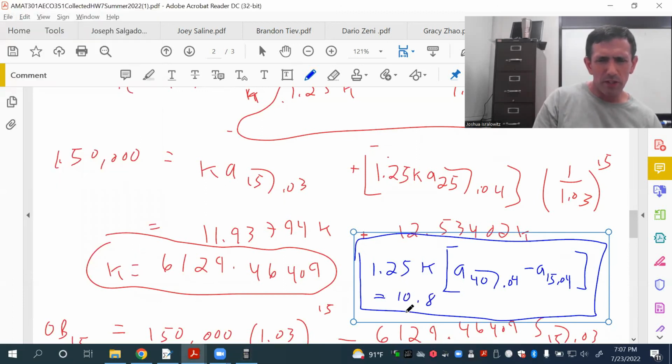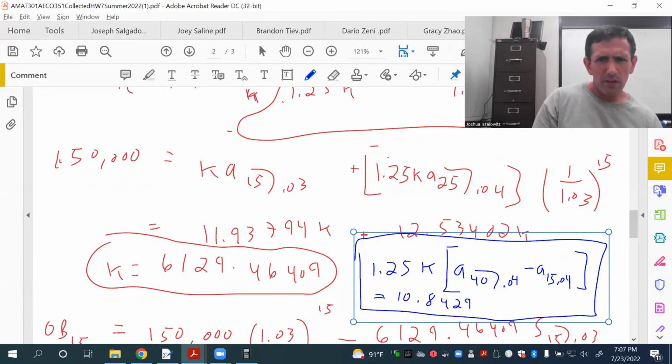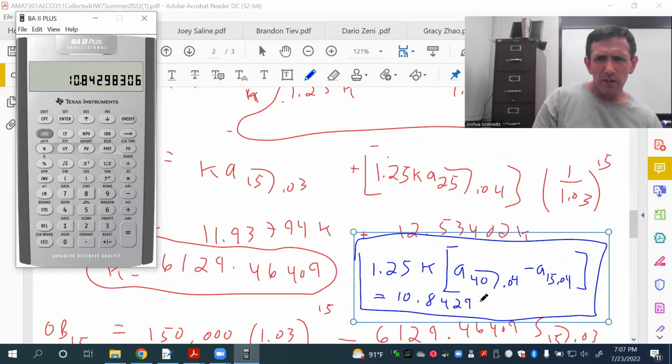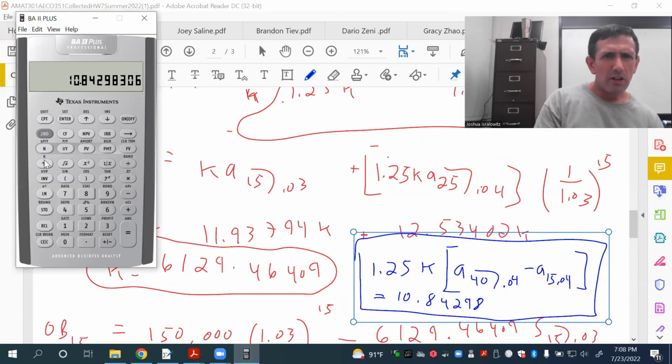Okay. Now, if this was a 4, let me just write this down. If I did have 4% interest throughout this whole loan, then let's check that we would actually get this. So if it was 4% for the entire loan, then this would be 1.25 payment, 25N for interest, compute present value, times 1.04.